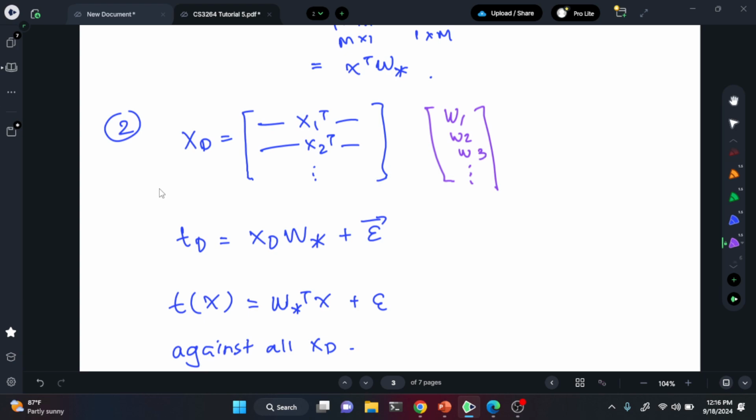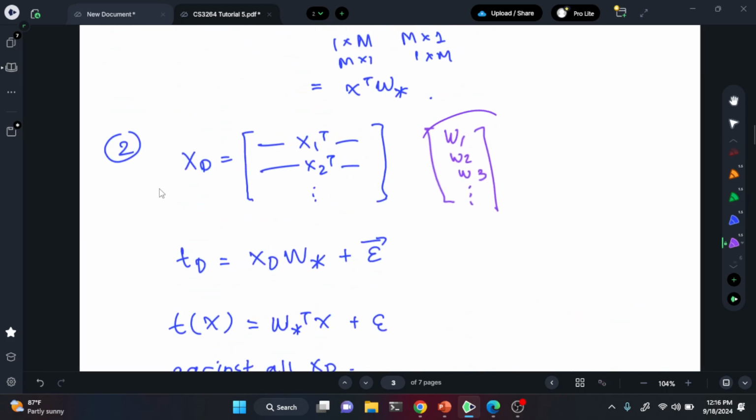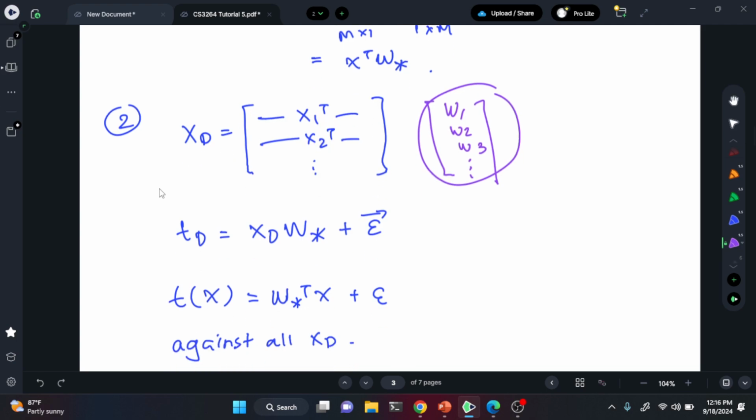My end goal is that for each of these rows, I want to multiply them by W. So how can I do this? The goal is that this row must be multiplied by this vector, right? Make sense? This row must be multiplied by this vector.